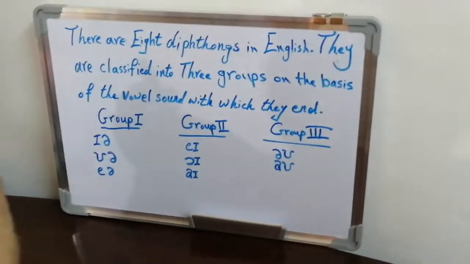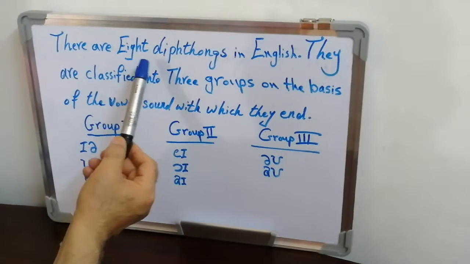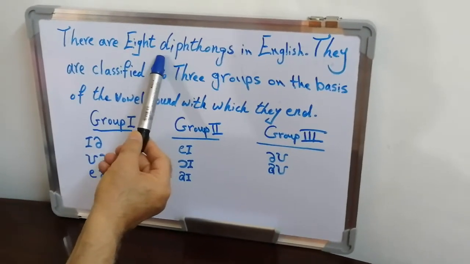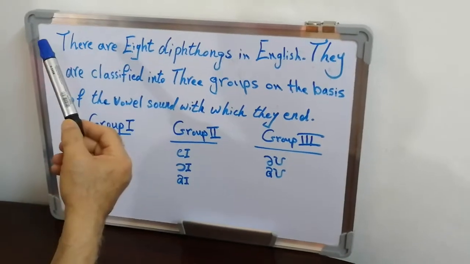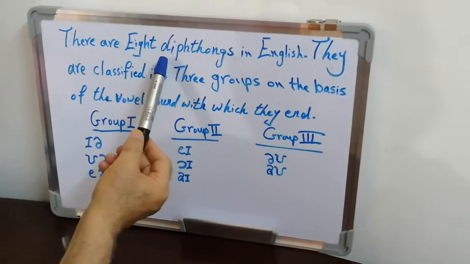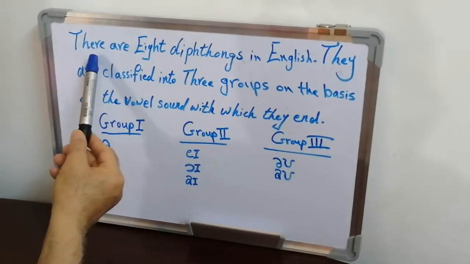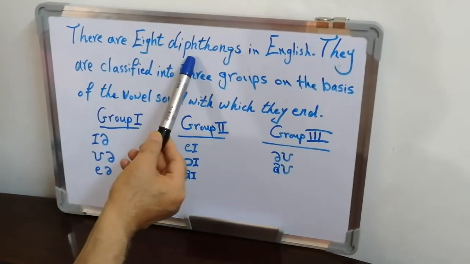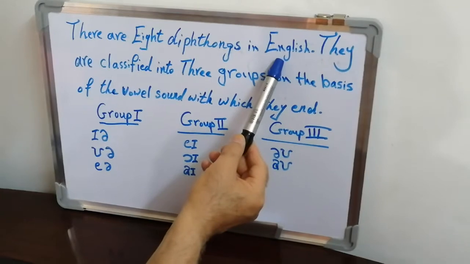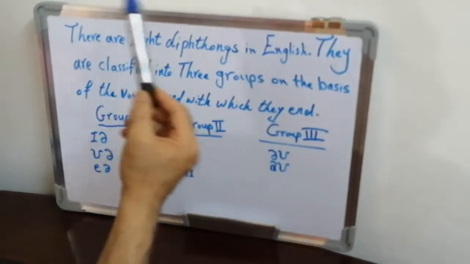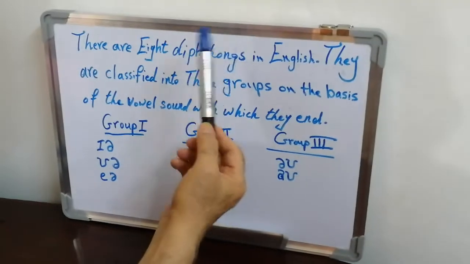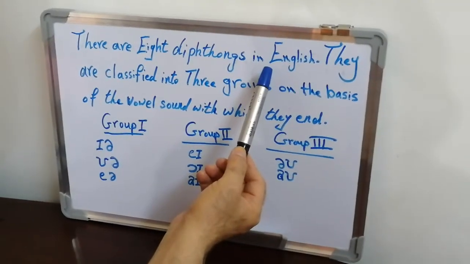That's why it is called diphthong. Di means 2, whereas monophthong is 1. So here, as I have written to you, there are 8 diphthongs in English, and 12 pure vowels.